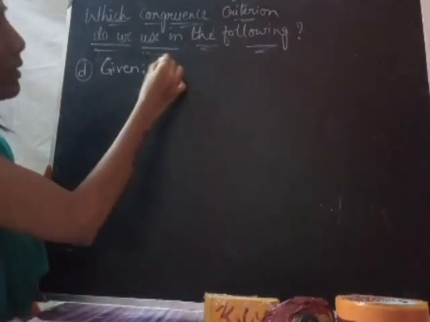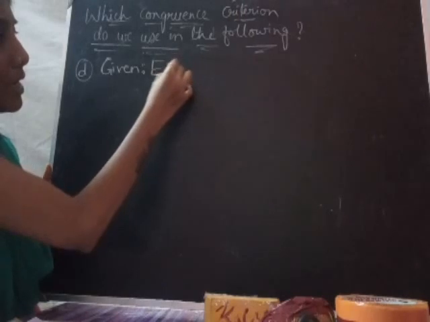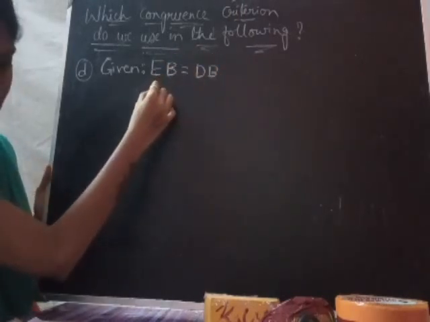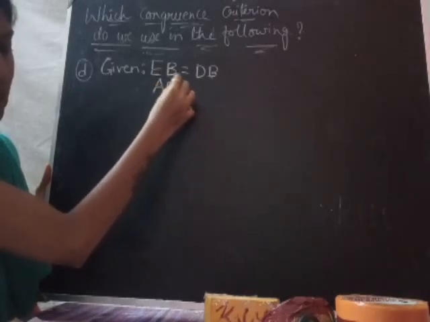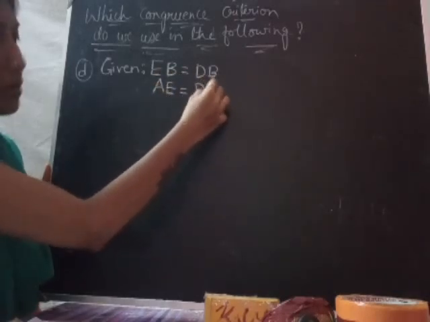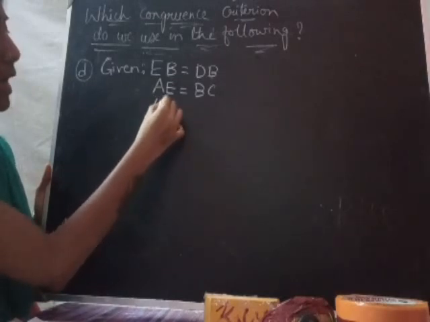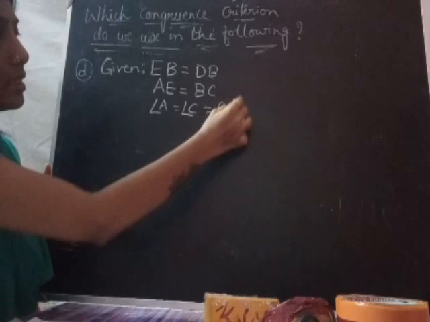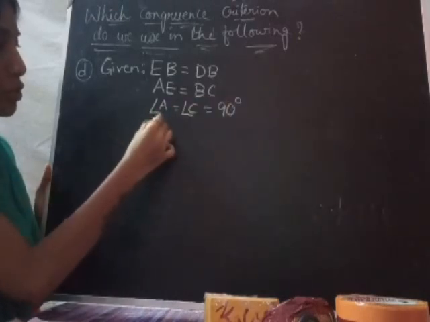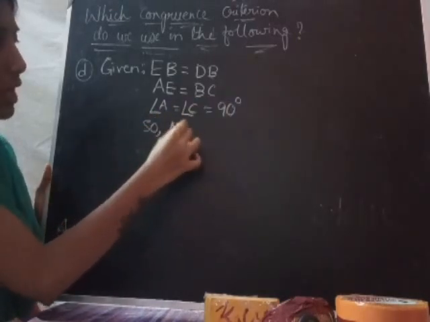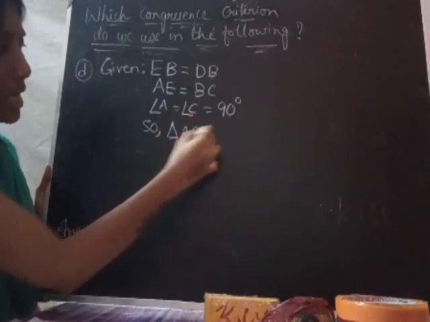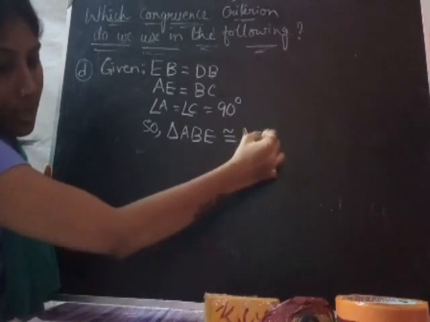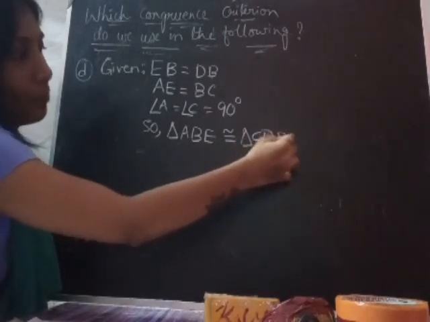Given EB equals DB, AE equals BC, angle A equals angle C equals 90 degrees. So triangle ABE is congruent to triangle CDB.